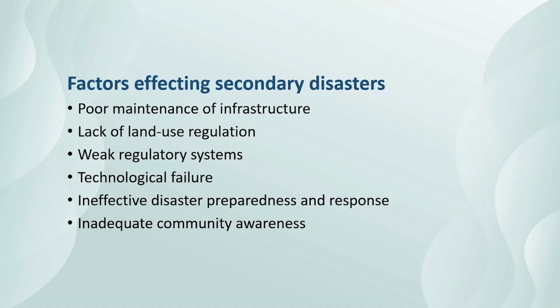Inadequate community awareness to build resilience for a particular disaster. The cascading effect of secondary disasters highlights the need for integrated risk management. These are the issues that are connected to the type of secondary disasters.